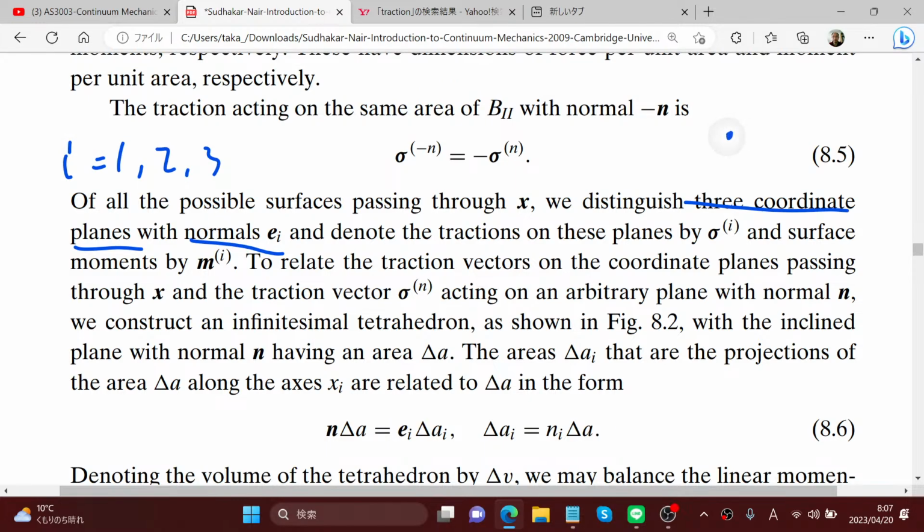Right. So if you have X, you can put any surface like this, which includes X. Then you can specify this plane this way, n. Is that right?